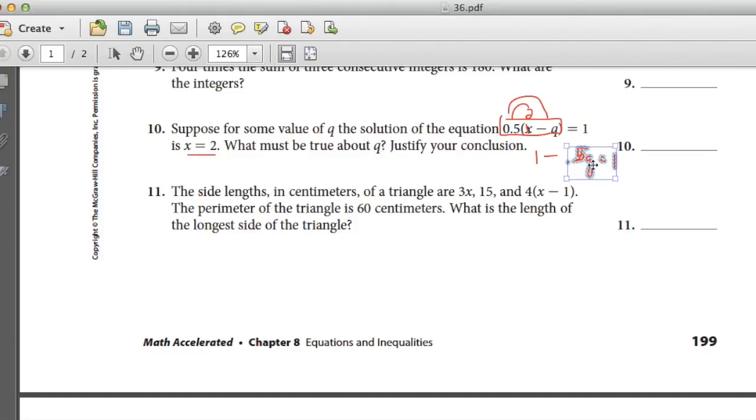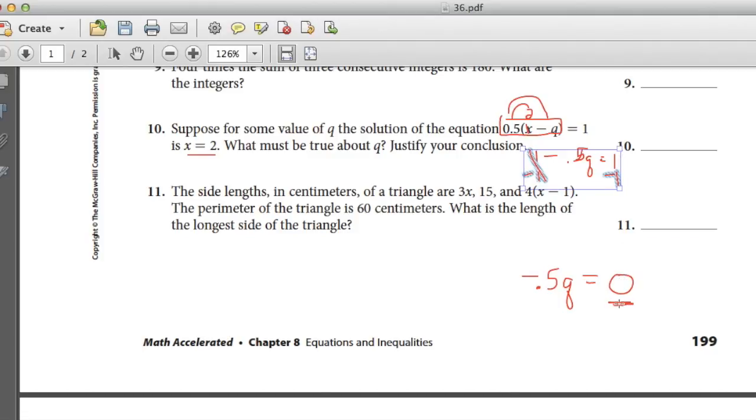So I wanted to find out what this q was all about. So I took care of the positive 1 by subtracting 1. 1 minus 1 is 0. And then I subtract 1 on the right-hand side. And what you have left is negative 0.5q equals 1 minus 1, which is 0.